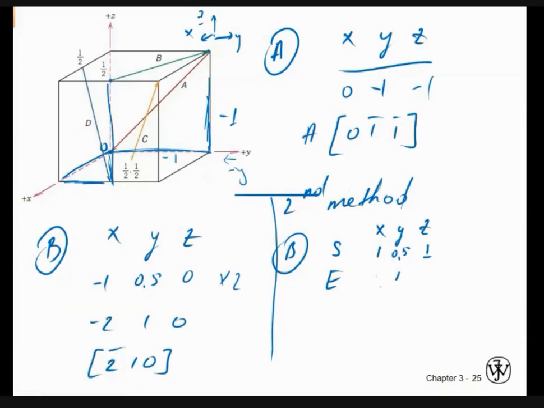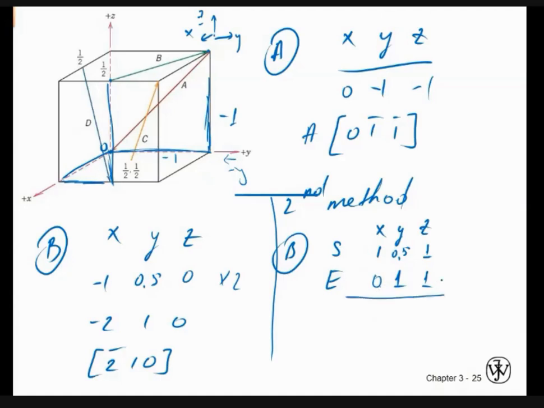So positive 1 in y-axis, and up full length in z-axis. 1, 1, and I don't need x-axis. So start coordinates, end coordinates.